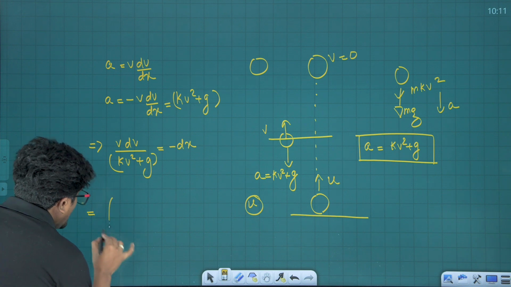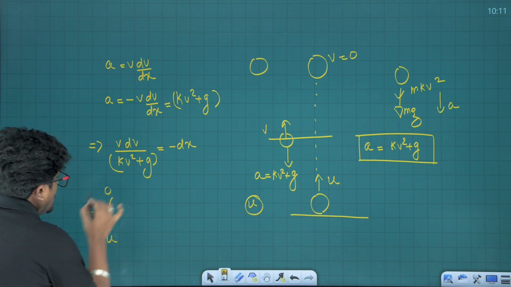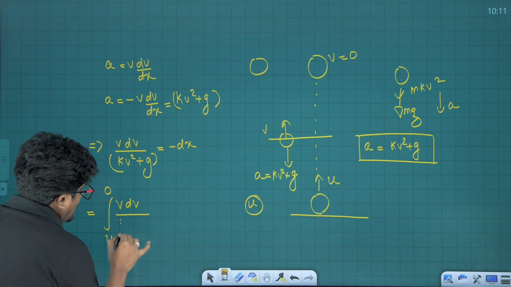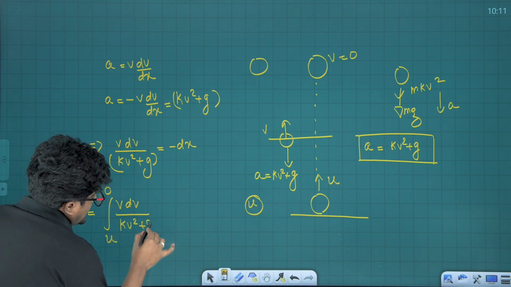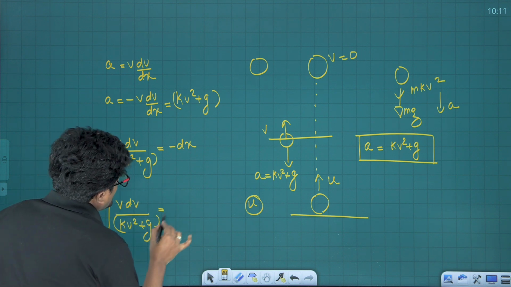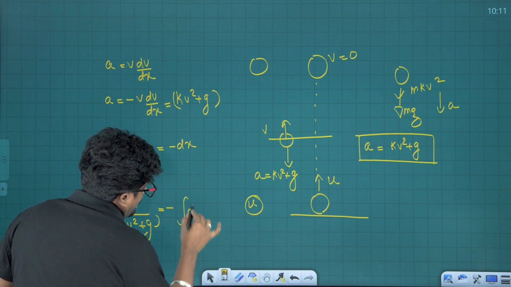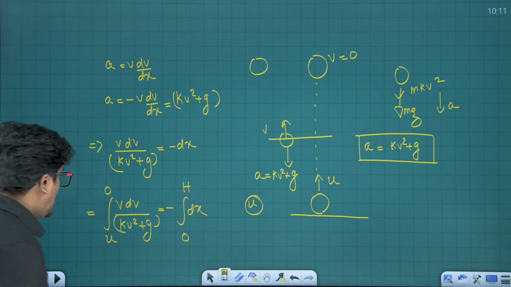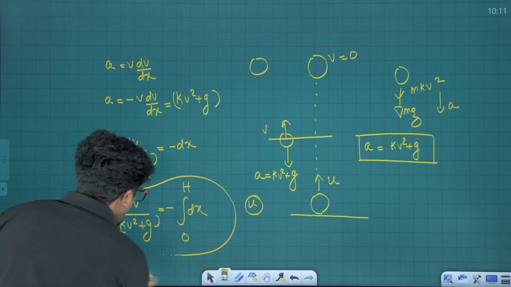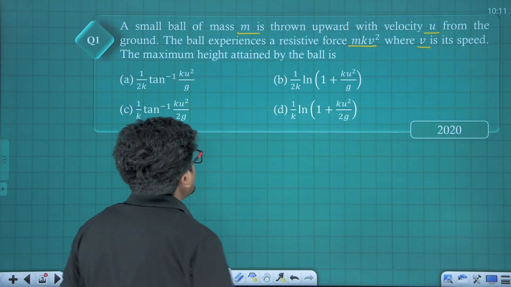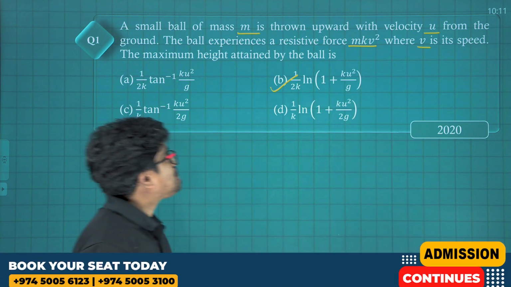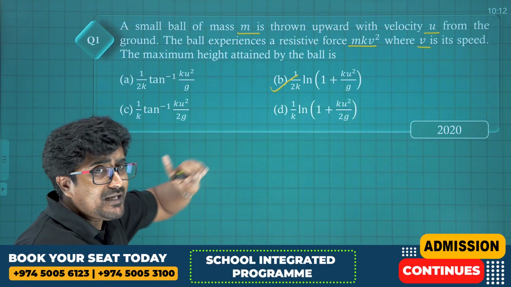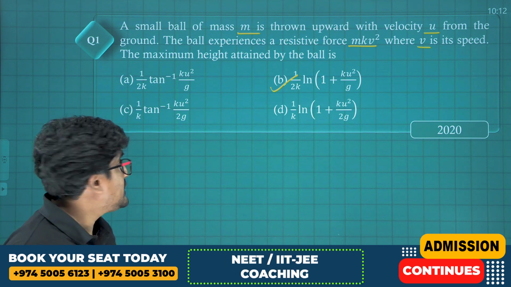So here the limit is going to be from u to 0. v dv upon k into v square plus g, that is equal to minus of integral of dx between the limit 0 to capital H. If you integrate this and substitute the limit, you will get the answer as option B. Here u is the initial velocity and capital H is going to be the maximum height.